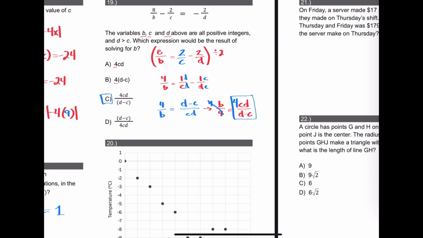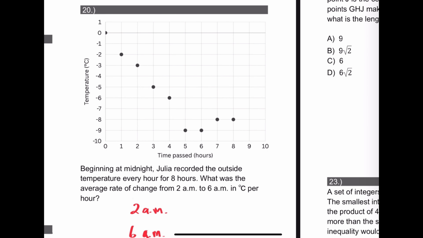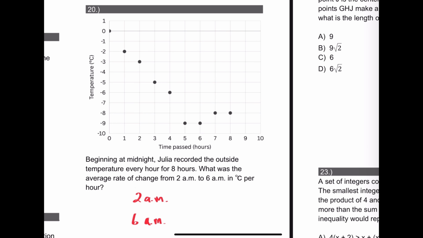Moving on to 20. We got a graph here with temperature and time passed in hours. It says beginning at midnight, Julia recorded the outside temperature every hour for 8 hours. What was the average rate of change from 2 a.m. to 6 a.m. in degrees Celsius per hour? This is 2 a.m. here. This is 6 a.m. there. And we'll notice that at 2 a.m., it was -3 degrees Celsius, and at 6 a.m., it was -9.